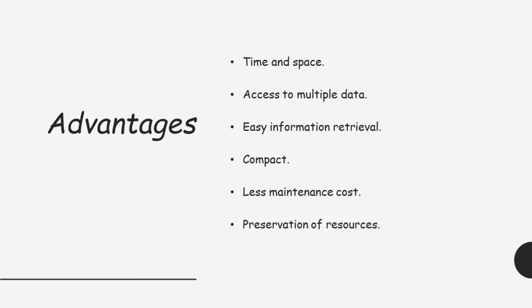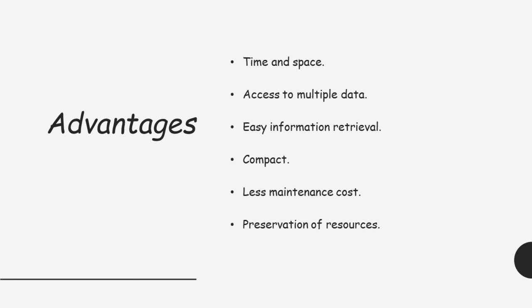Ease of access is another foremost advantage of an online library. When compared to the traditional libraries that consume lots of physical space, online libraries are very compact and require very less space. The maintenance cost of online libraries is lesser due to lesser number of employees required.